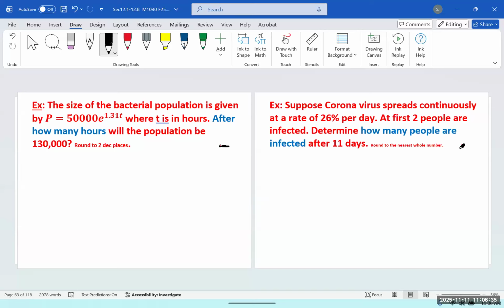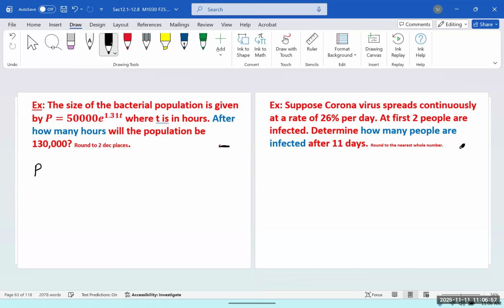If you have anything on the power, you need to solve for it using a log. Here you cannot use log because you have the special base e, so you need ln.